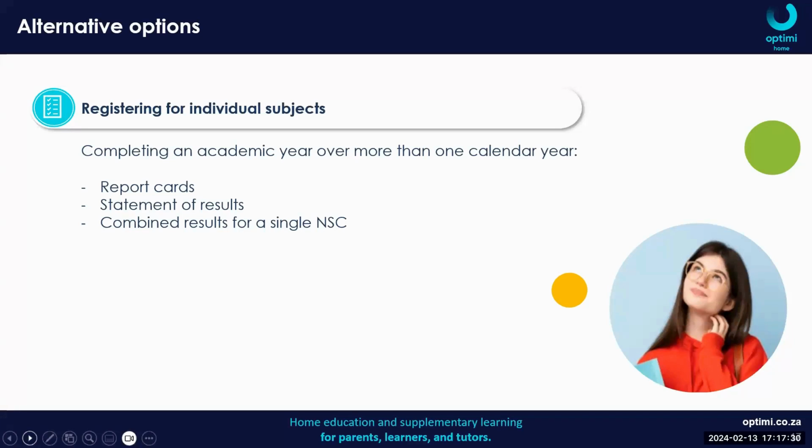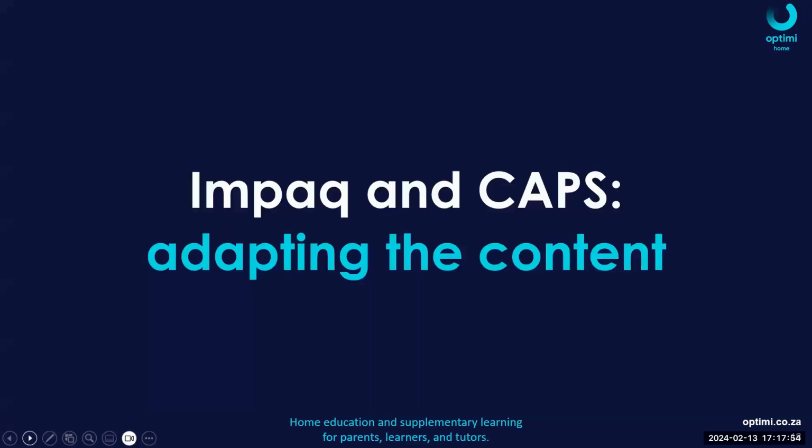If a learner completes grade 12 over a period of 2 years or even more years, then at the end of each year, the learner receives the statement of results and then can apply through Sakai to have the statements of results combined into a single national senior certificate. This is definitely an option to consider for our grade 10 to 12 learners.